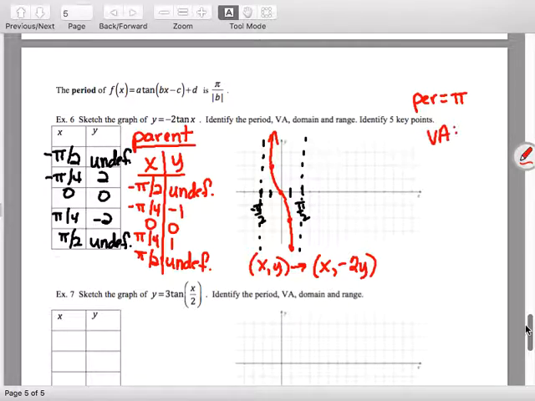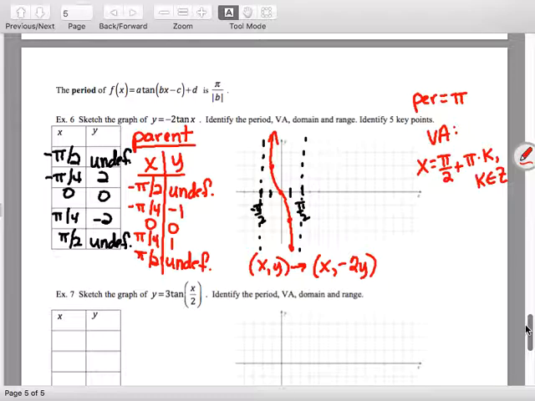The vertical asymptotes, so the very first one is pi over 2 plus the period length times k, where k is an integer. And I know you might think, gosh, why do we have to say k is an integer? Well, k could be any number. I could make it 1.1, radical 3, other numbers. And so it's got to stay that I'm adding pi, 2 pi, 3 pi, 4 pi.